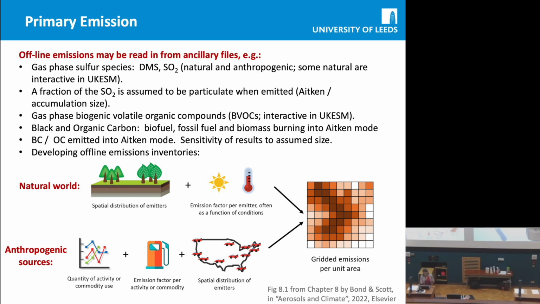And that's because you can imagine this grid across the world, and there's lots going on within one particular grid cell in these emission inventories. So we might assume that some of the gas phase SO2 that's emitted has already formed particles, and so we need to put it in as a primary emission.